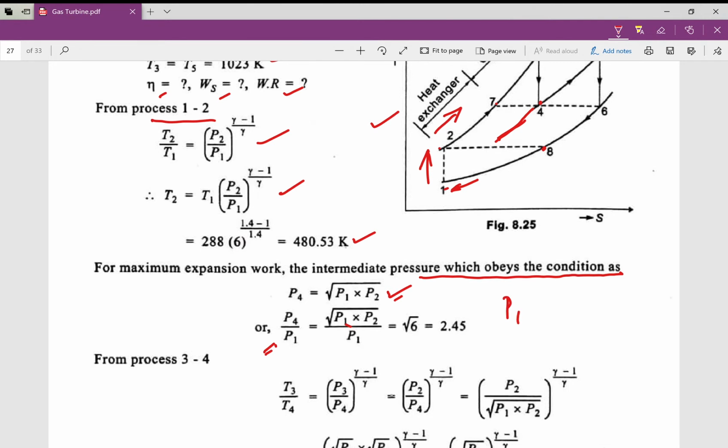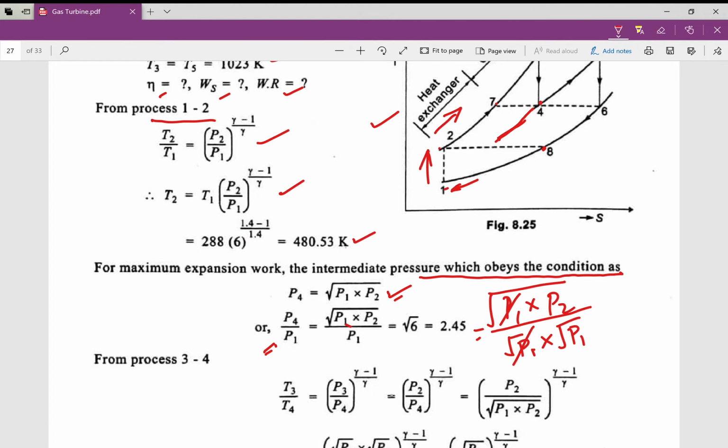You can write it in this way also: under root of P1 into P2, divided by P1. So this P1 gets cancelled.